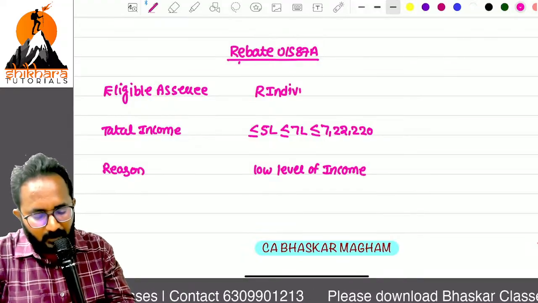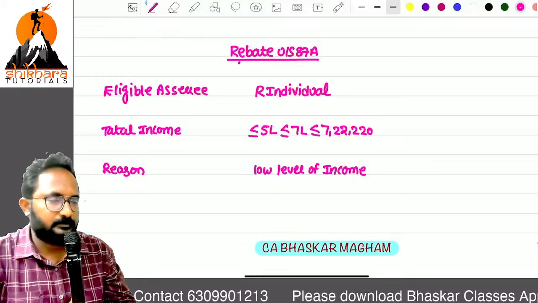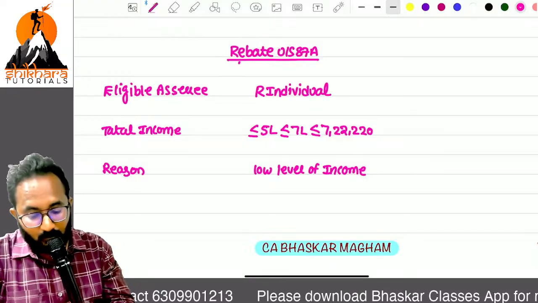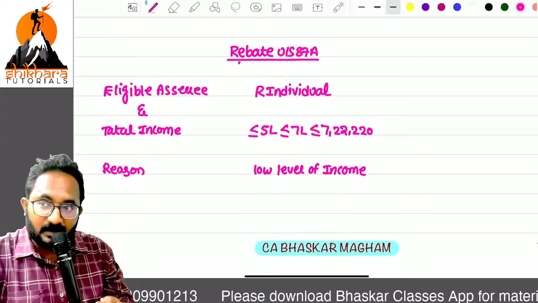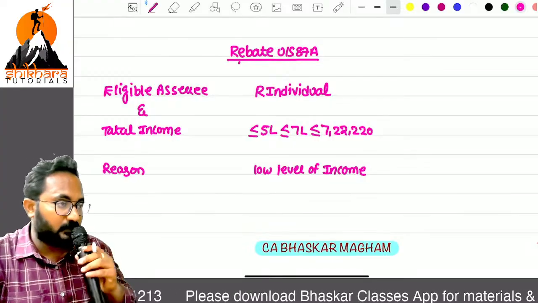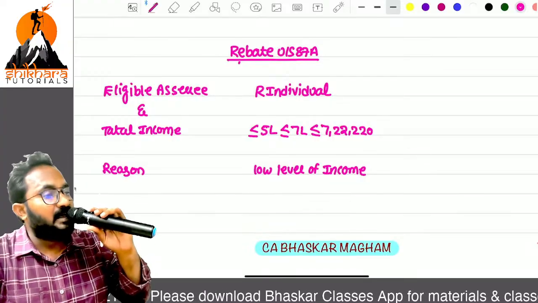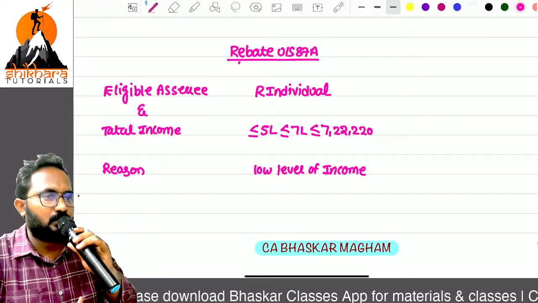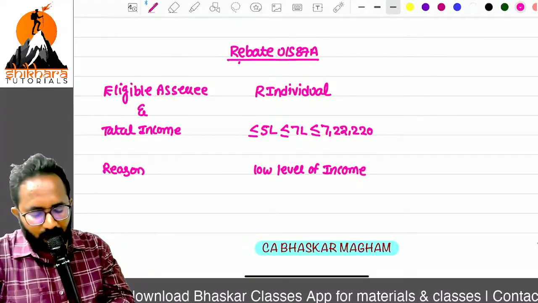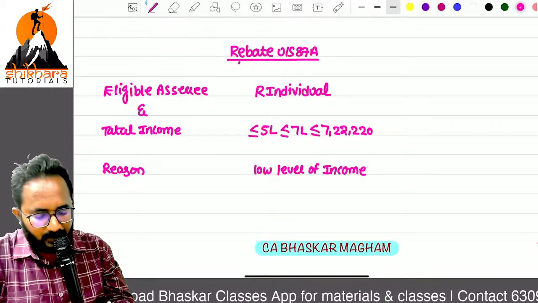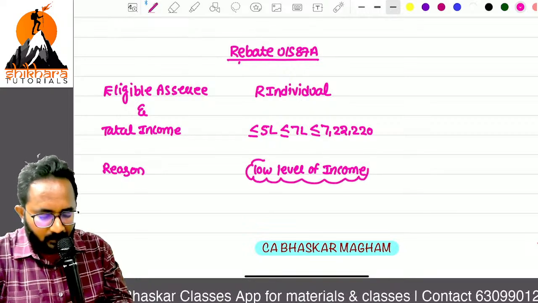Only the resident individual can get the rebate, if they satisfy total income less than or equal to 5 lakh, less than or equal to 7 lakh, less than or equal to 7 lakh 22,220. So the reason for giving the rebate is simply that they have a low level of income.